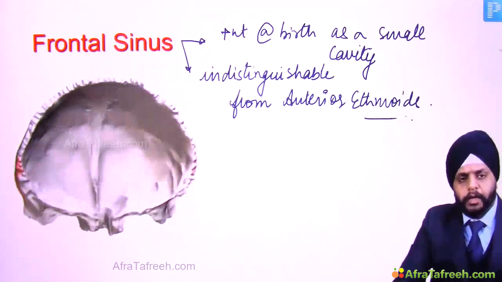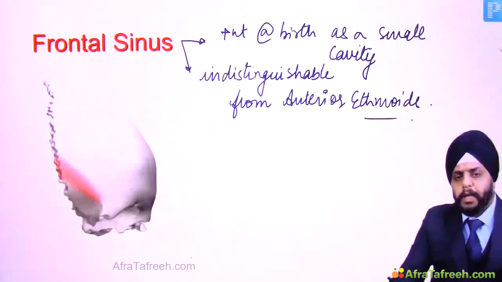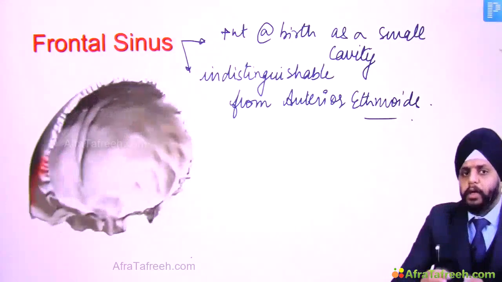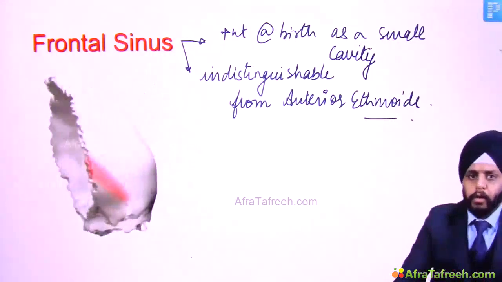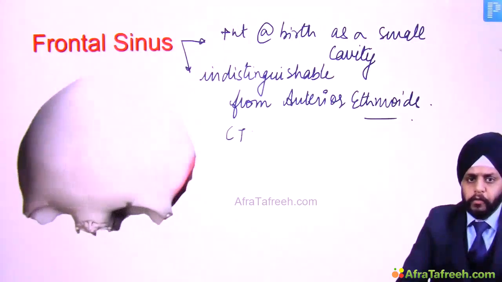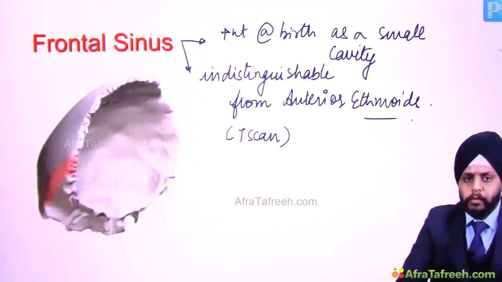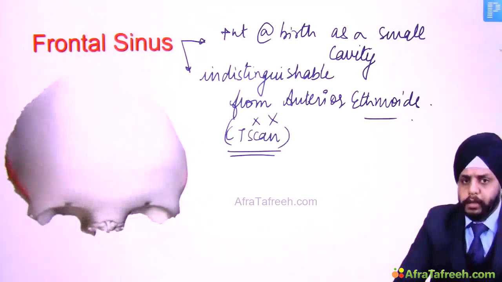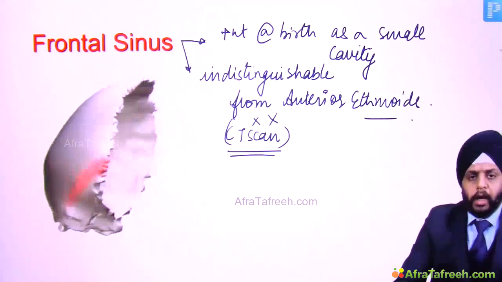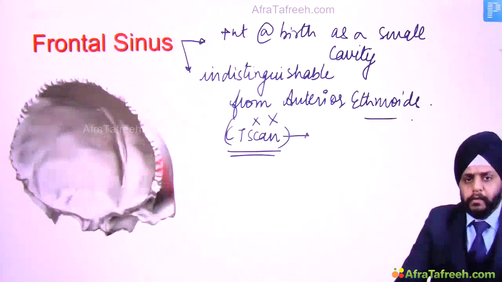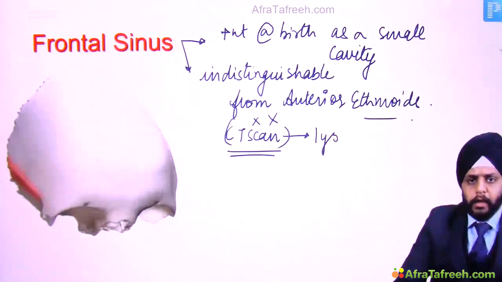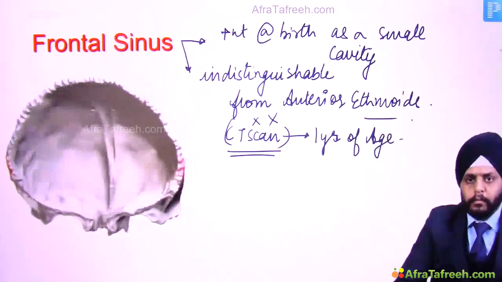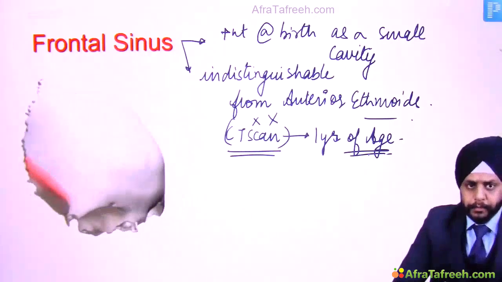You cannot differentiate the frontal sinus from the anterior ethmoids, therefore you cannot see it on a CT scan. The earliest you can see the frontal sinus on a CT scan is by 1 year of age.